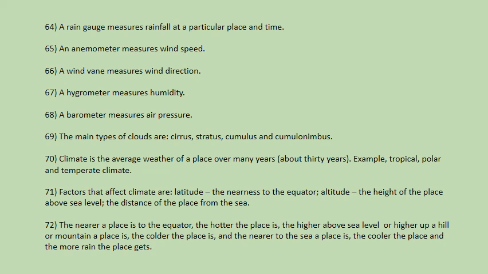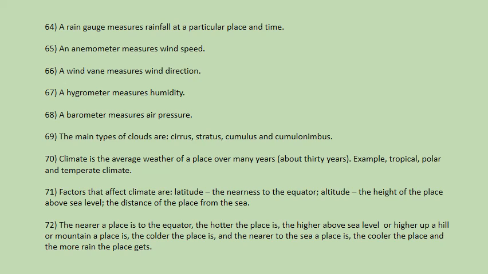Factors that affect climate are latitude, that is the nearness of the place to the equator, altitude, that is the height of the place above sea level, and the distance of the place from the sea.